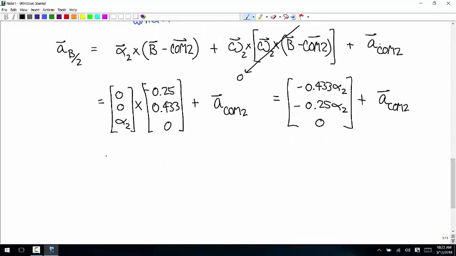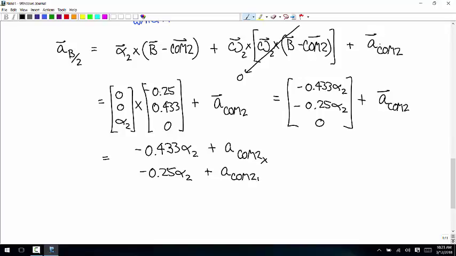So this is equal to negative 0.433 alpha 2 plus the center of mass of 2 x component, and then negative 0.25 alpha 2 plus the COM 2 y component.